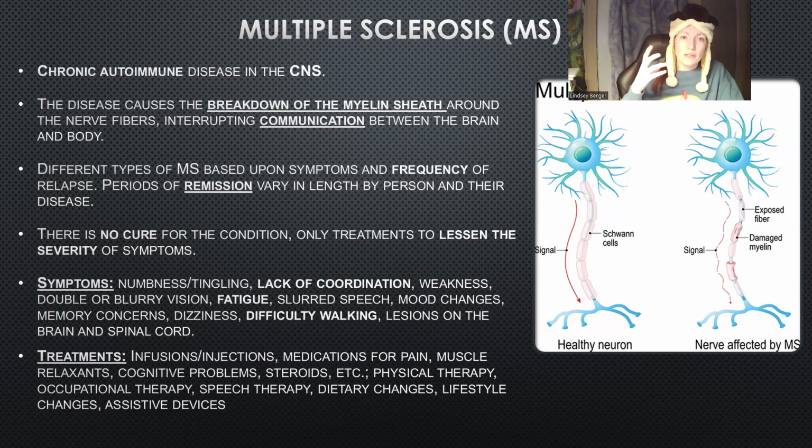In this case, the myelin sheath breaks down, which is then going to cause delays or interruptions in the communication between the different neurons, between the brain and the body, etc. There are different kinds of MS out there, based on symptoms as well as the frequency of relapse.